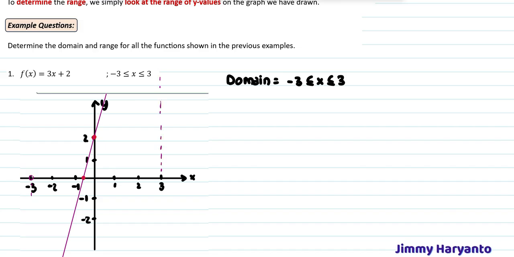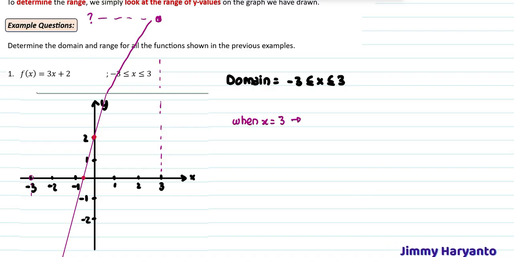As you can see, the graph will be increasing until it reaches 3, right? But we don't have the value of y, so we have to calculate it first. So when x equals 3, the value of y will be 3x plus 2, right? y equals 3 times 3 plus 2, so y will be 11. That means when x equals 3, y will be 11.